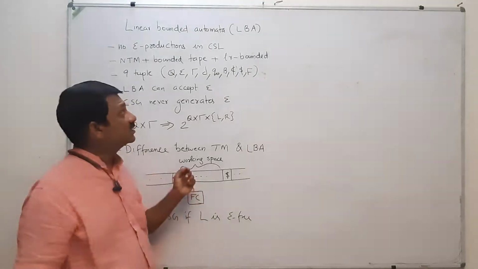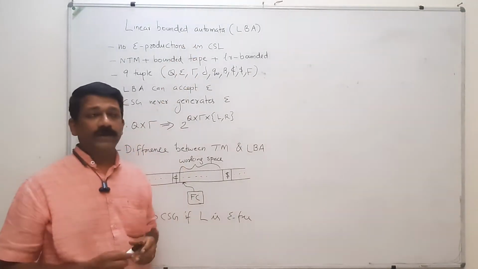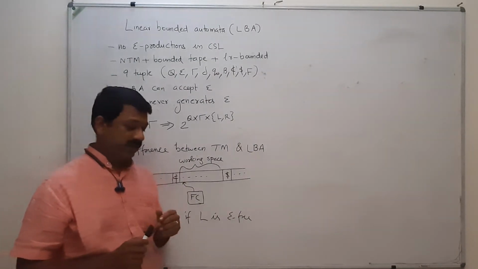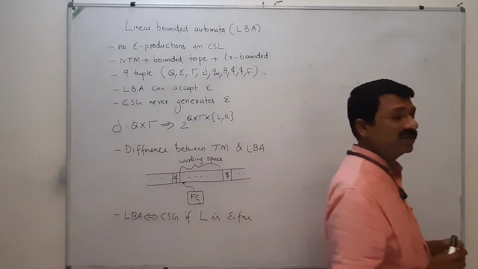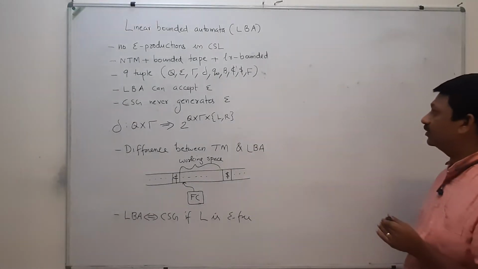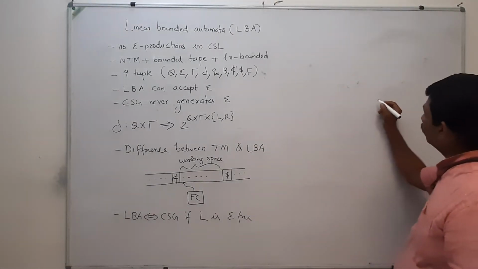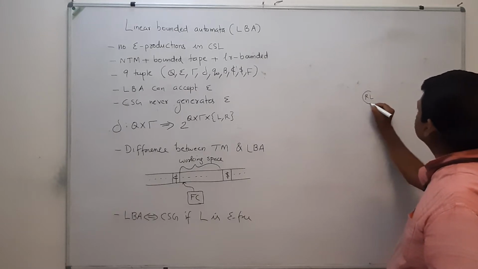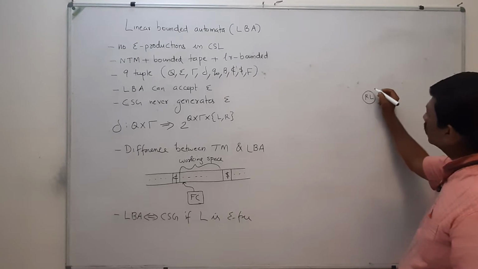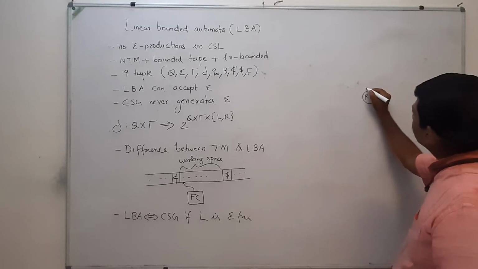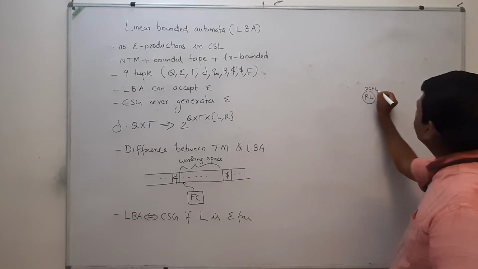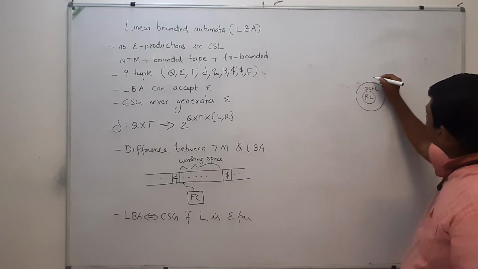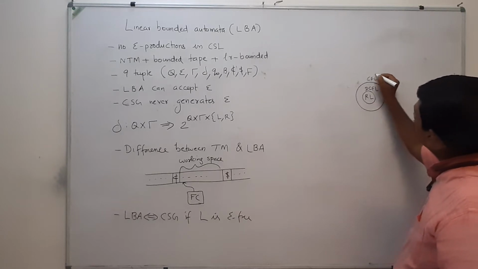Now we are going to discuss linear bounded automata. A linear bounded automaton is a tool for recognizing context sensitive languages. In the Chomsky hierarchy, regular language is at the core, then you have DCFL or deterministic context free language, then CFL.